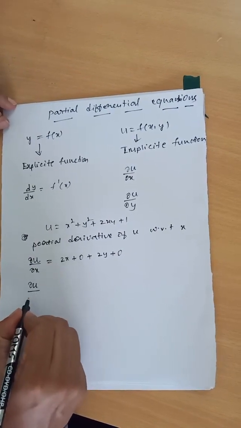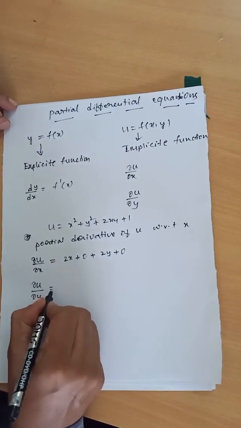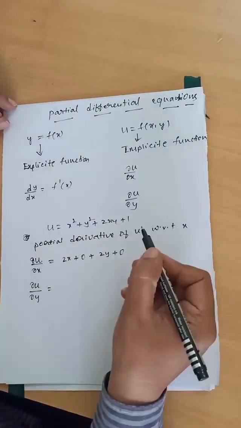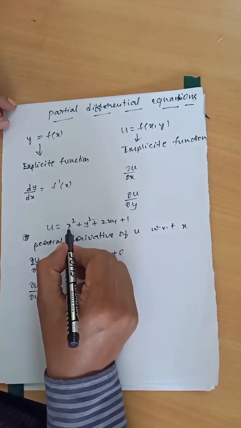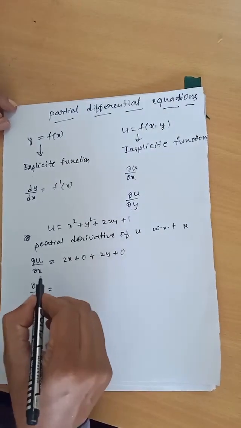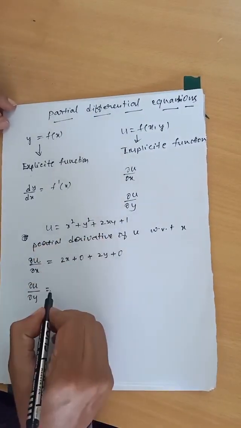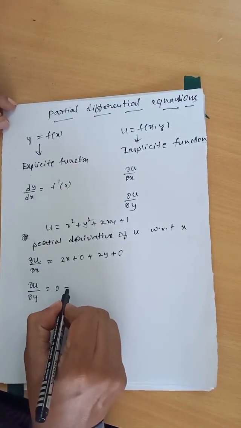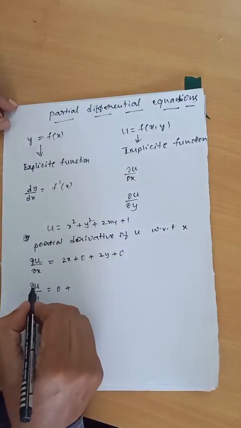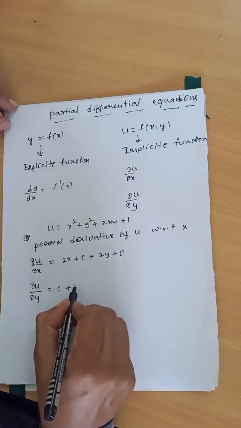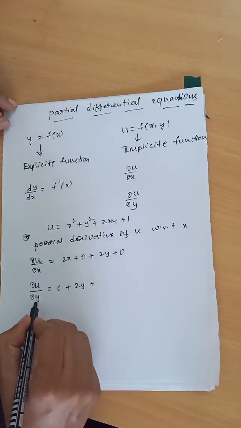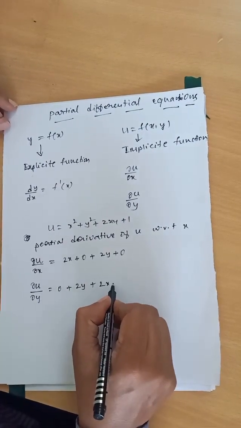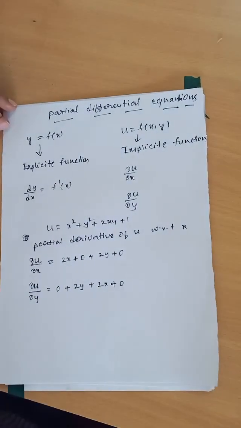And the partial derivative of u with respect to y is, we differentiate only the y term, treating other variables as constant, meaning here the x term is the other variable. With respect to y, the x square term is constant and its derivative is 0, plus the derivative of y square with respect to y means 2y, plus we differentiate only y, that is 2x into 1, plus 0.